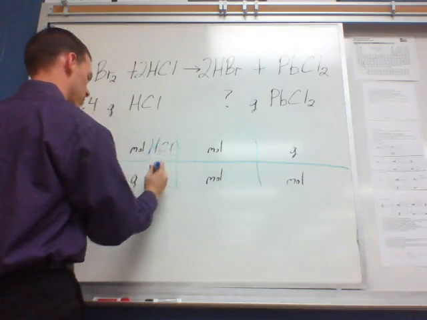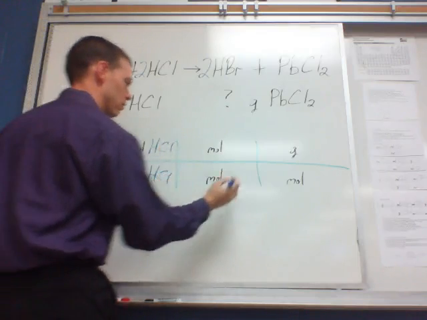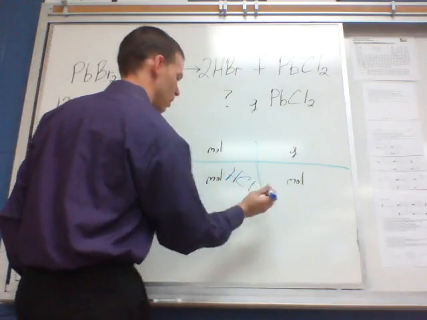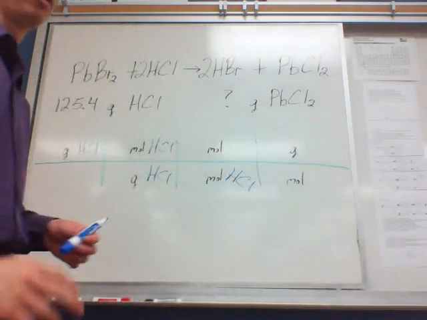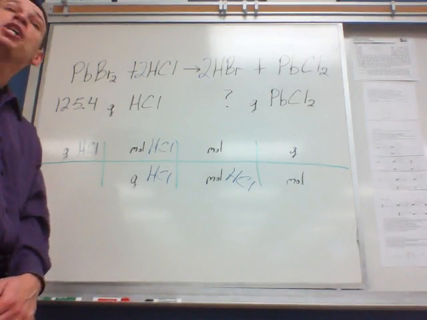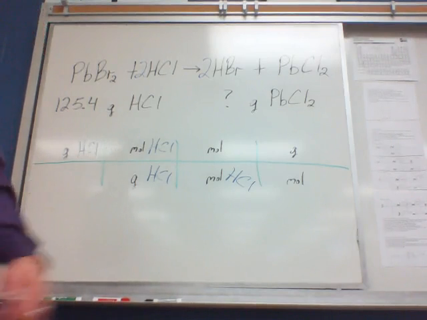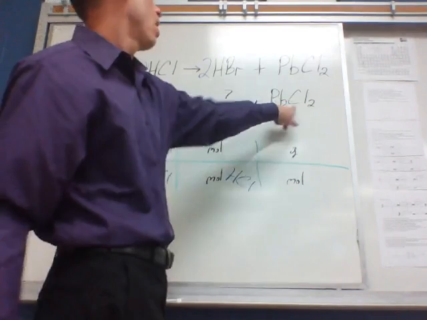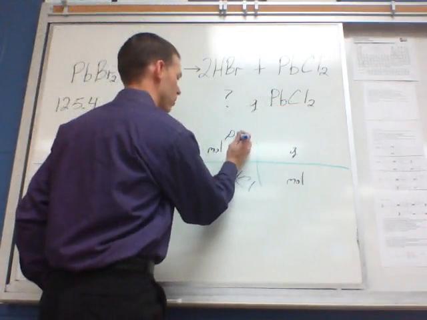And it looks like it's these 4. Stop me if you don't like something I'm doing. My cheat sheet says that 3 of them want the unknown compound. The unknown compound is PbCl2.